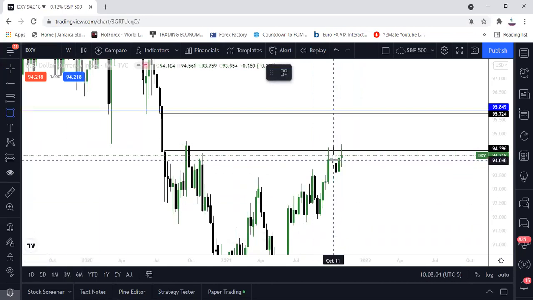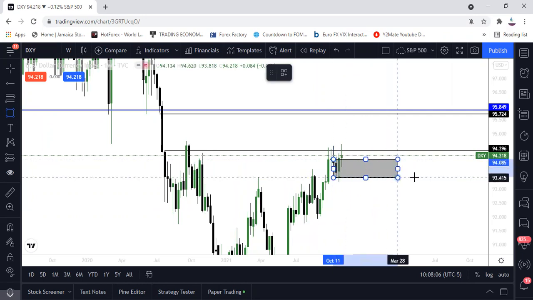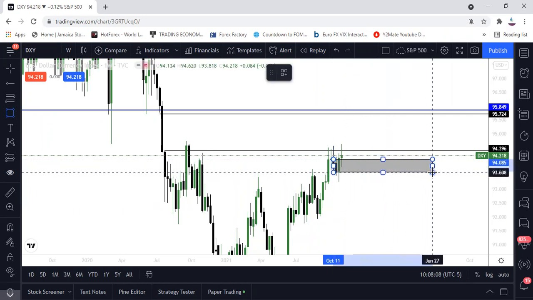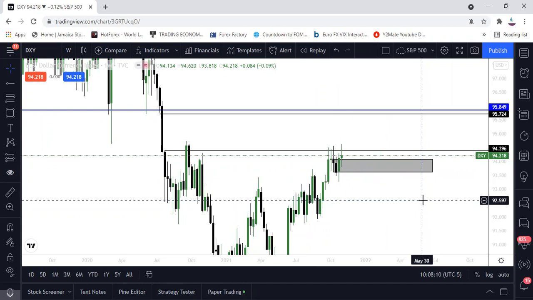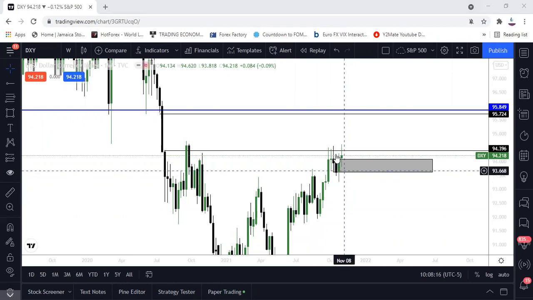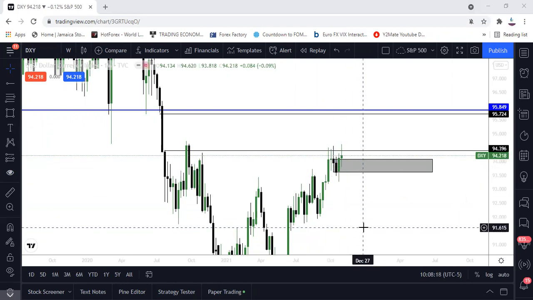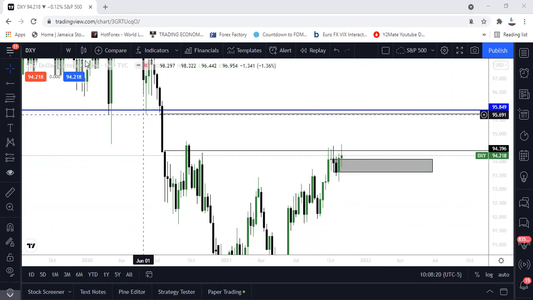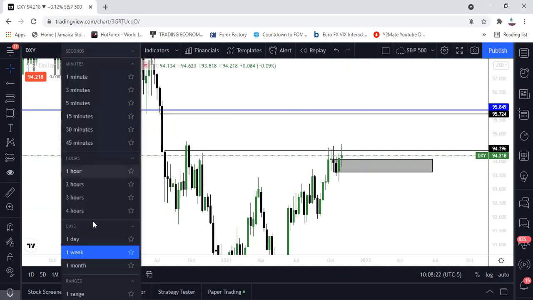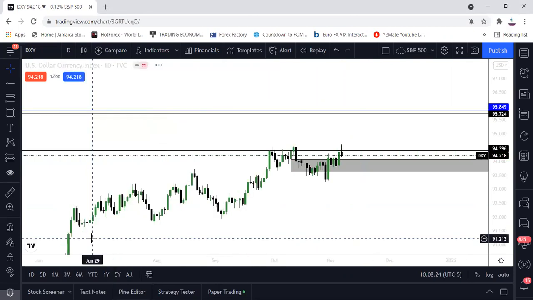So then I'd be looking at these, just the bodies. Oops, persons are waiting to get in. All right, so once I have these marked out, there's really nothing more on the weekly chart I need. I'm not going to overcomplicate it and put a million things on.